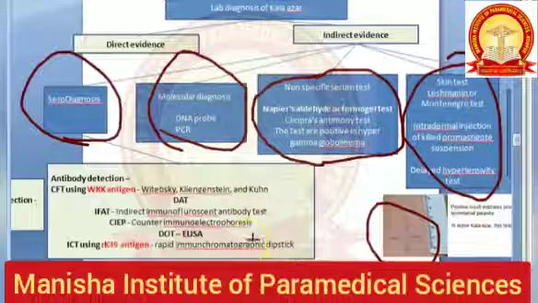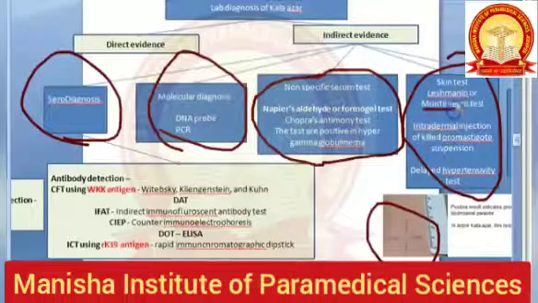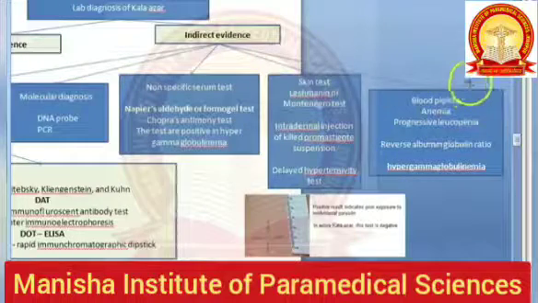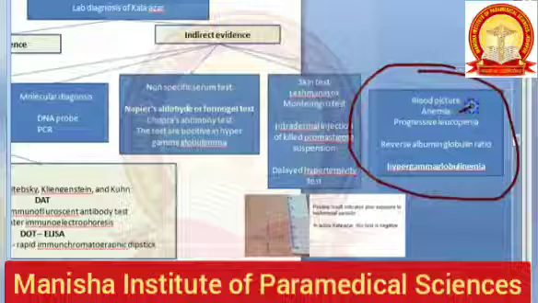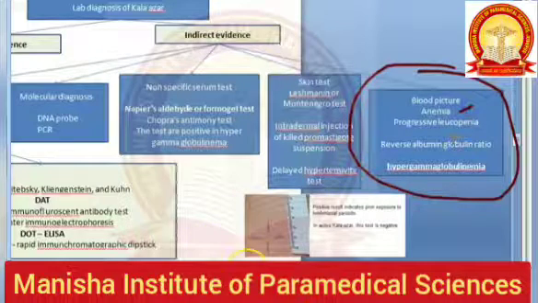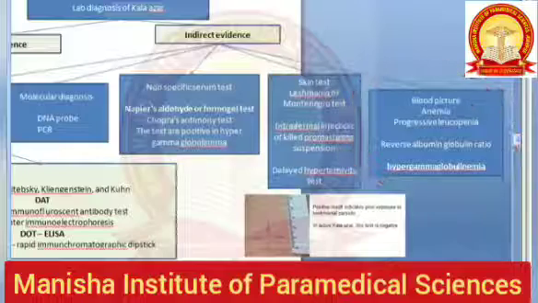Similar to that, you have the Leishmanin test or Montenegro test. And in the blood picture you can see anemia, pancytopenia, etc. These are all indirect. That was just an overview of the lab diagnosis.